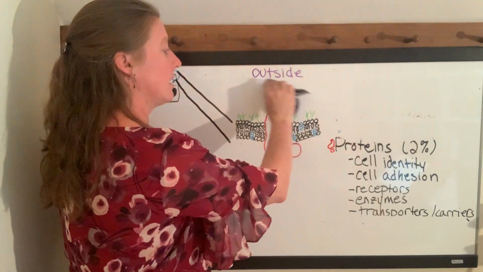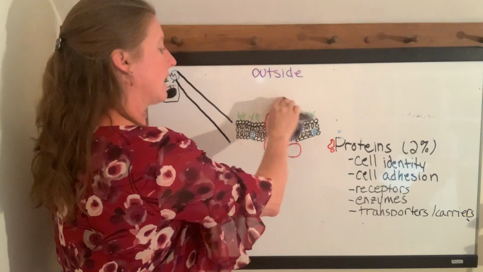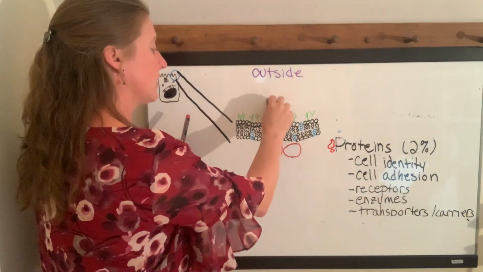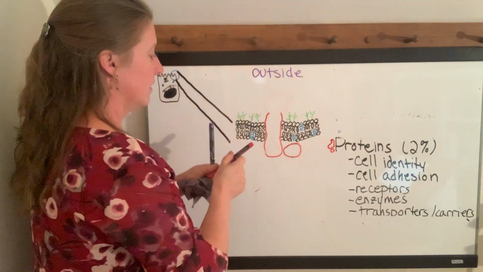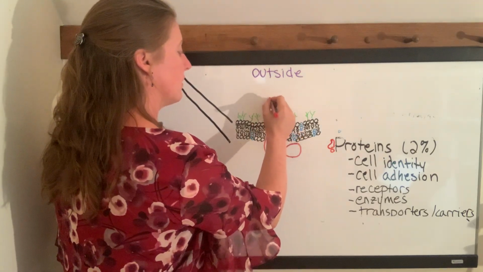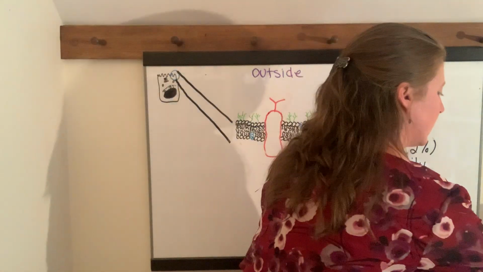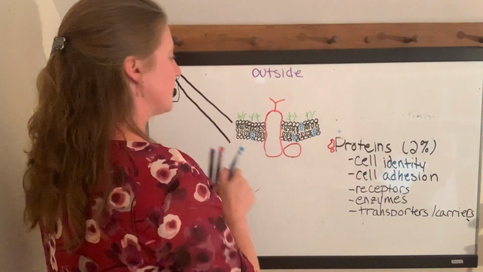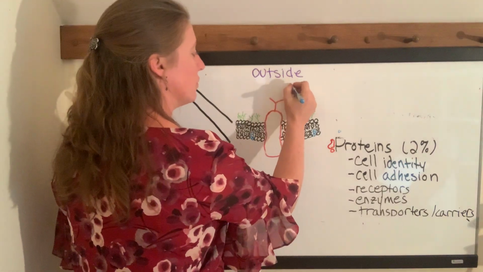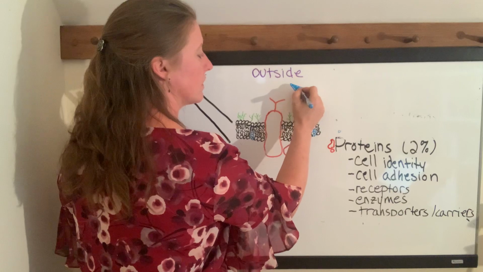Now I want to talk about an example of a plasma membrane protein acting as a receptor. Okay, so here's our membrane protein. Here's part of it that sticks out, and that part of the protein is specific to a particular hormone or signal.